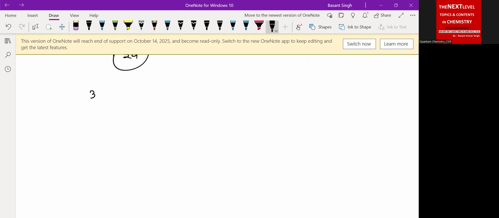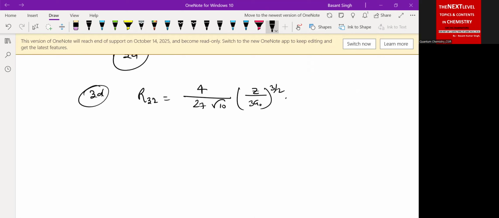For 3D, the radial function R32 is equal to 4 by 27 root 10 into (Z by 3a naught)^(3/2) into Z square r square by a naught square into e to the power minus Zr by 3a naught.